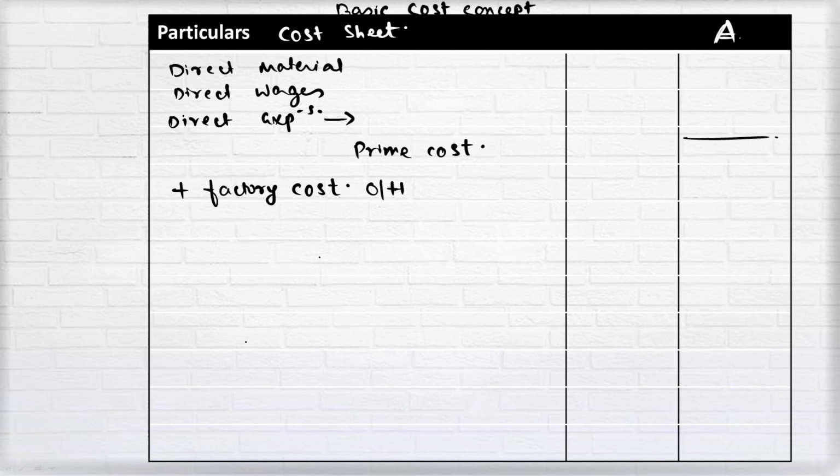This given is a layman's language. It should be termed as 1 lakh rupees overhead cost is absorbed by product A, absorbed by product B, absorbed by product C. Is it alright? So what we write down actually is factory overhead, but it is factory overhead absorbed.